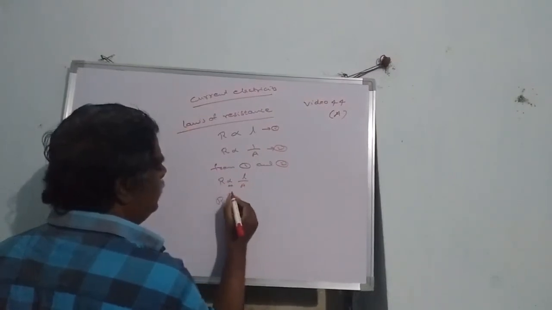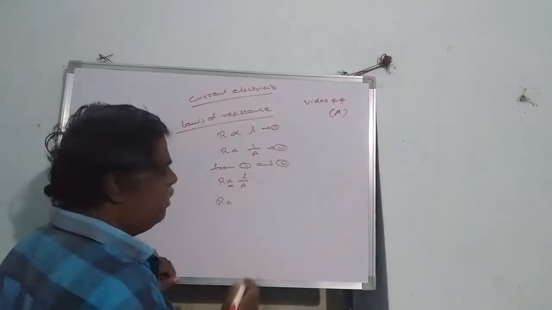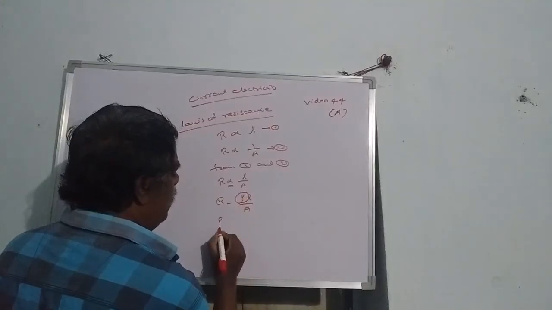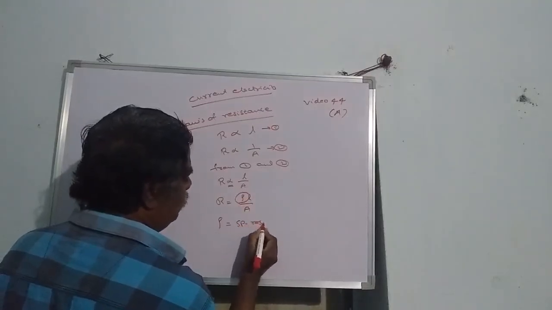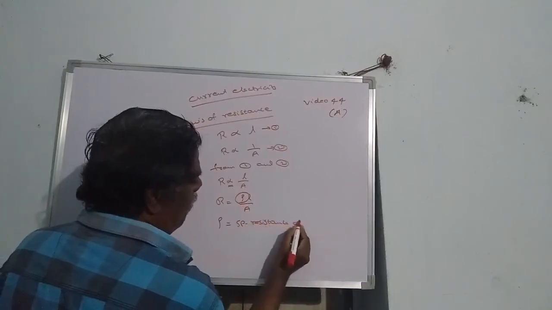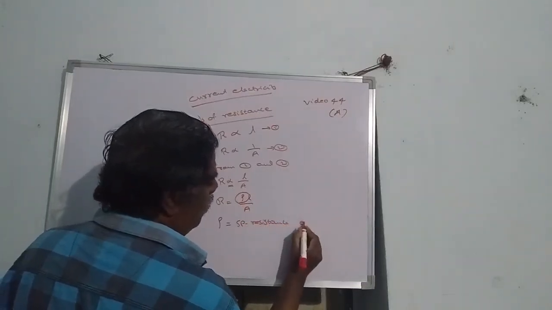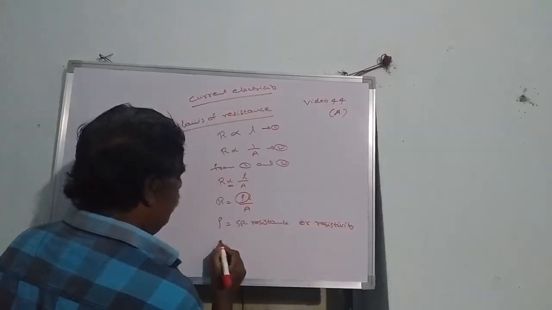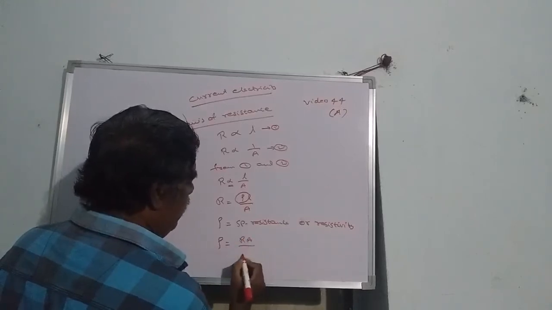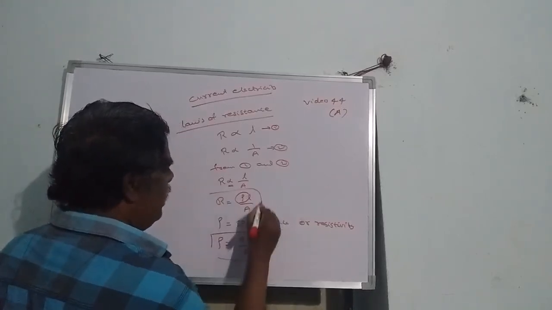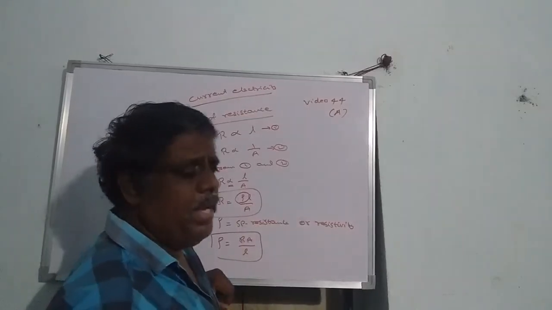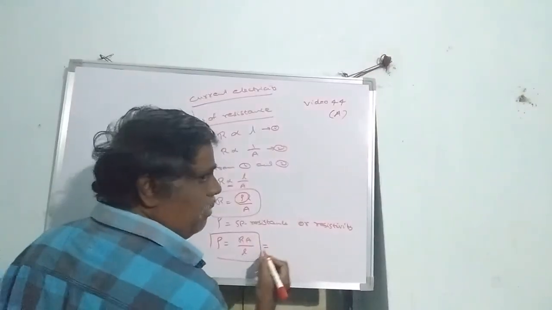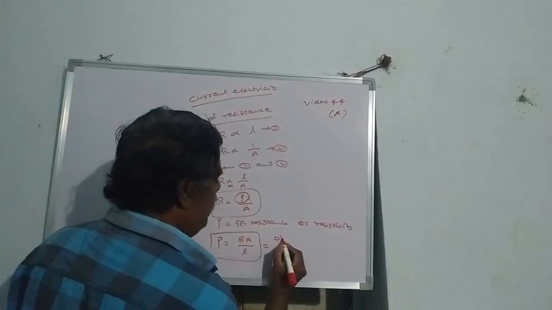If we introduce a proportional constant, it will be rho L by A. Here this rho is the specific resistance, or we can call it resistivity. Therefore the rho value will be equal to RA by L. These are the two important formulas: R is equal to rho L by A, or rho is equal to RA by L. From this, the unit of resistance should always be ohm.